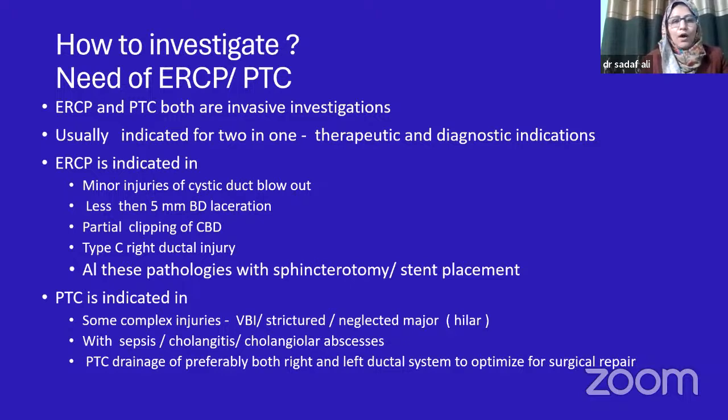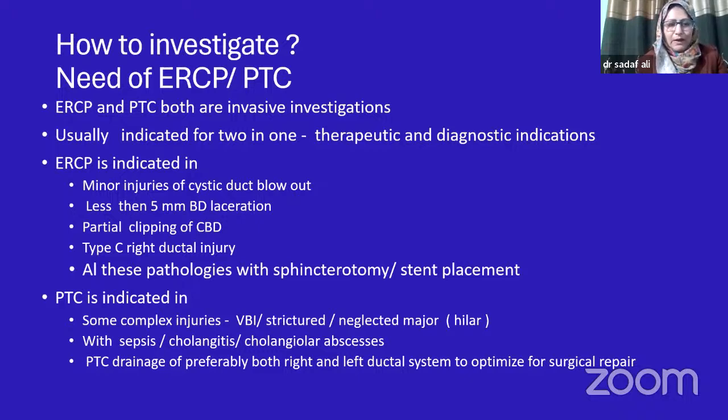So what is the need of ERCP and PTC while investigating these patients? They are both invasive investigations. We all agree about it, and they should usually be indicated if required for both therapeutic and diagnostic purposes.